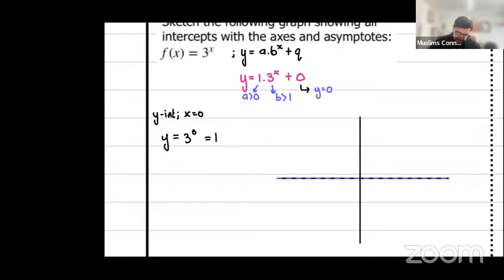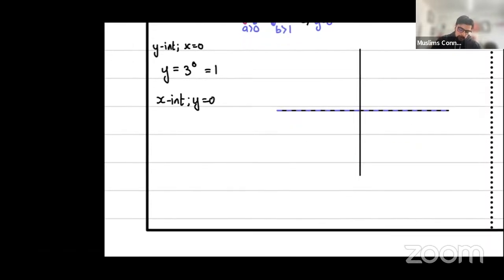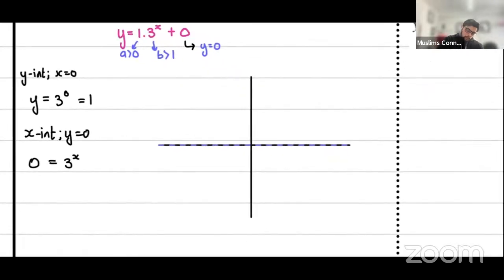Let's determine the x-intercept. Make y equal to 0. So 0 is equal to 3 to the power of x. And this is not possible. We can't get 0 here, and it makes sense. Why can't there be an x-intercept?